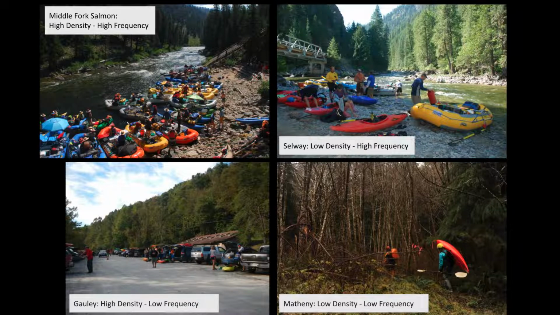So think about what type of activities are happening on your river, and how frequency and density interrelate. One brief example I give of that is, if you have a place that's pretty high density but really low frequency, so maybe it happens once a year, well, maybe you don't need a full vault toilet in that situation, and you just bring in porta potties for that event.